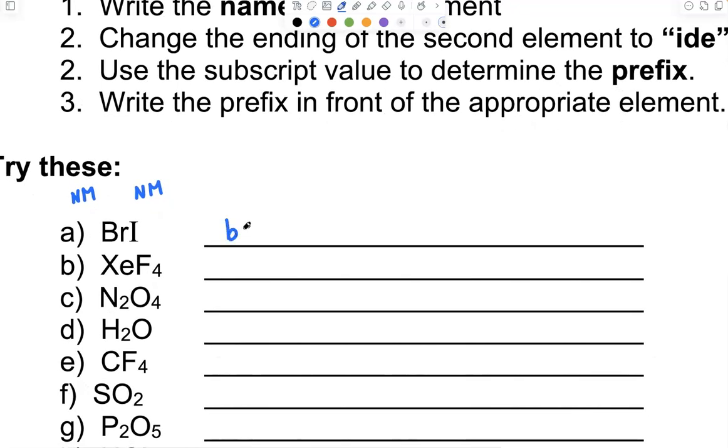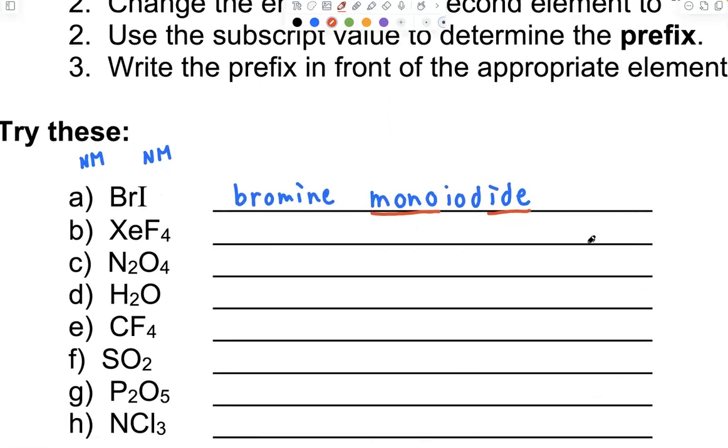We do not write monobromine since it comes first. But since there is an iodine and there's only one of them, we write this as monoio, and we change the ending to IDE. Okay, so bromine monoiodide. Okay, we change that IDE.